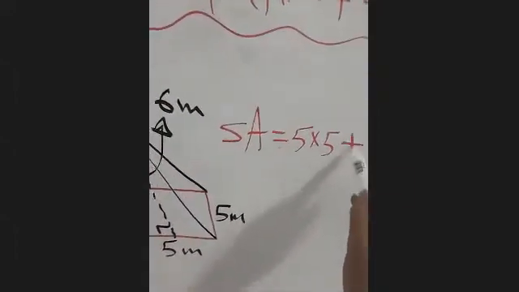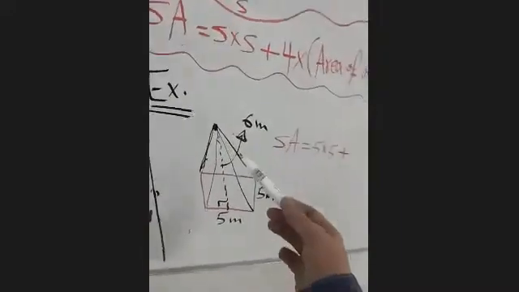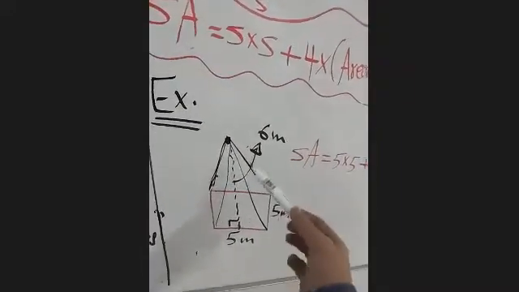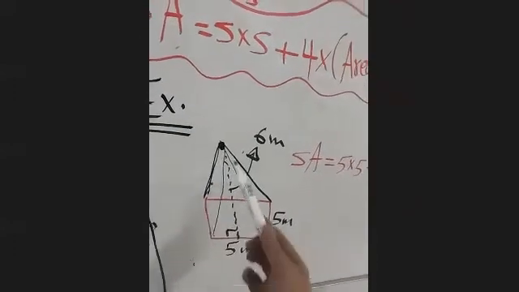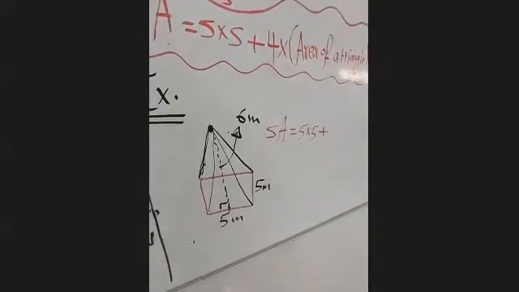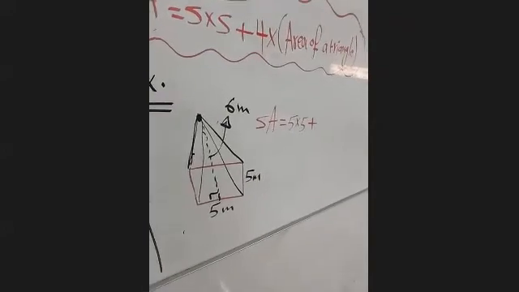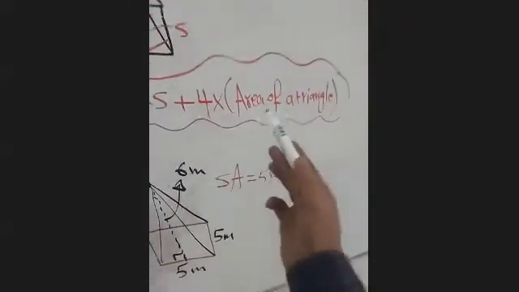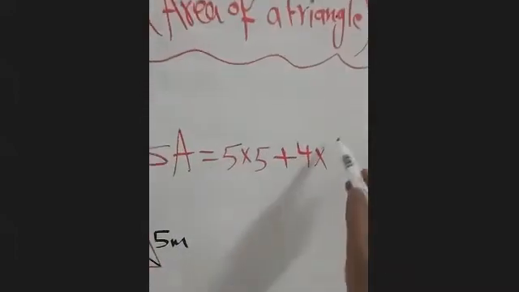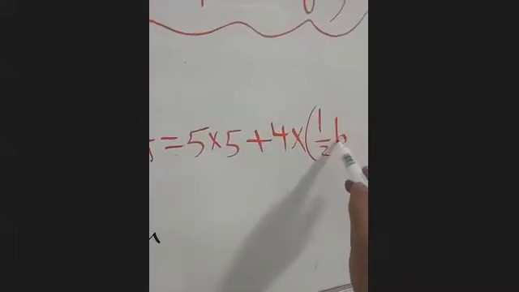Plus, take a look here. Here we have 4 triangles, and the 4 triangles have the same base and the same height, means they have the same area. So plus 4 multiply the area of a triangle, which is half base height.